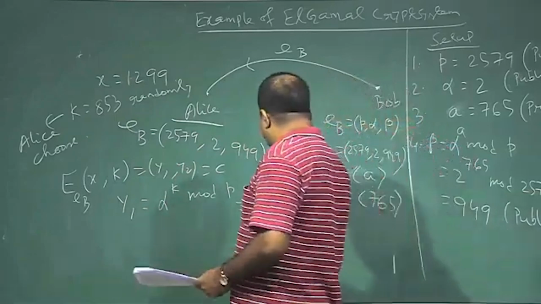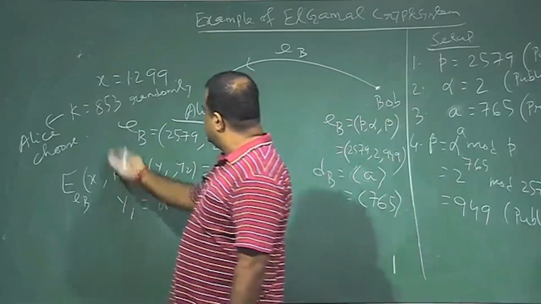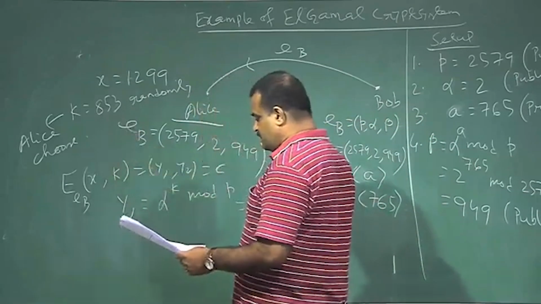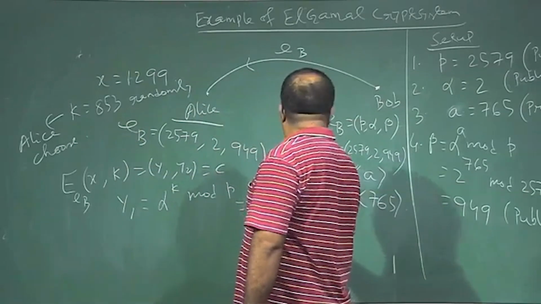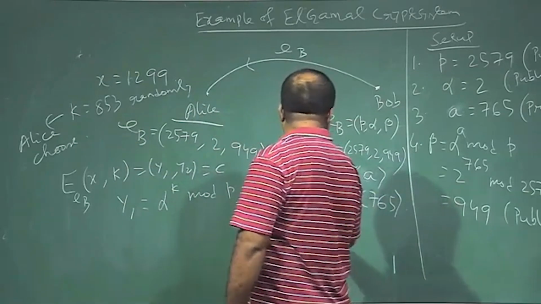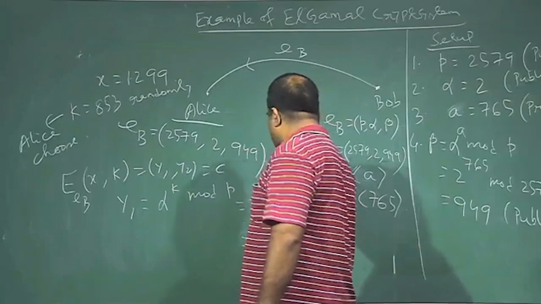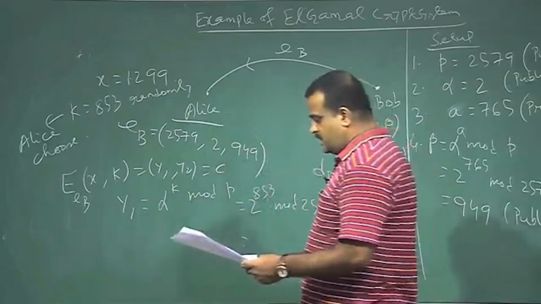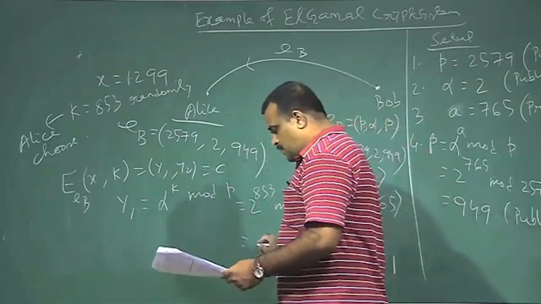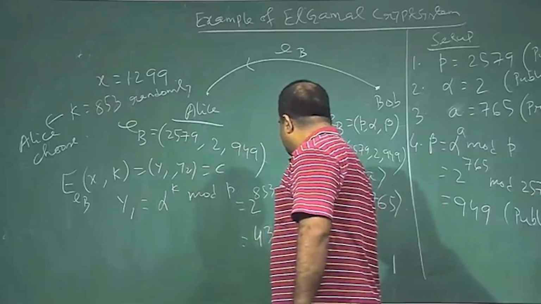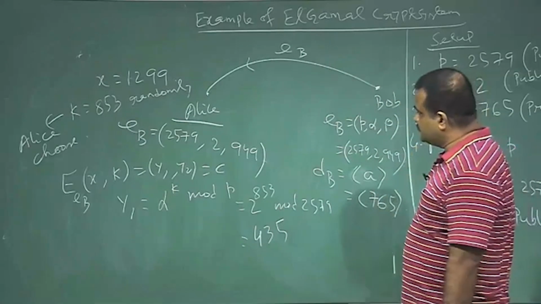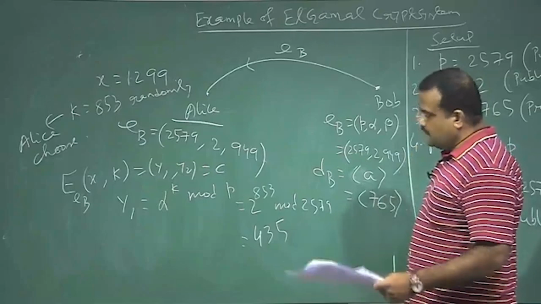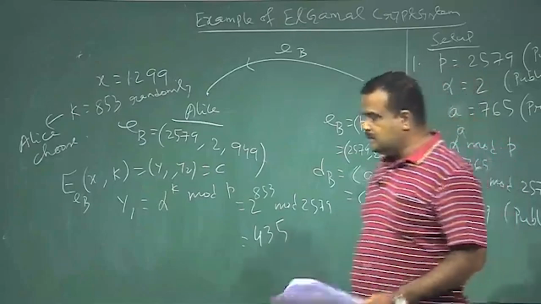So it is 2 to the power K, where K is this random number Alice has chosen, mod P. P is basically 2579. So if you calculate this, we will be getting 435.